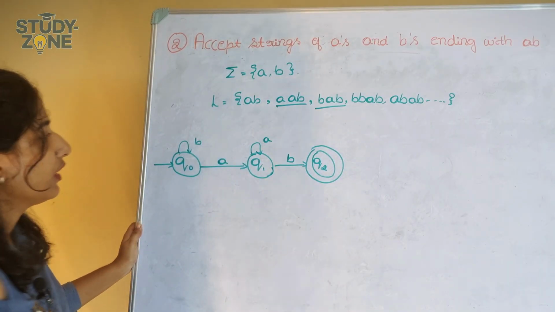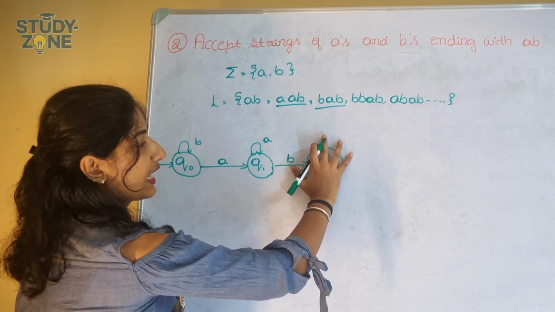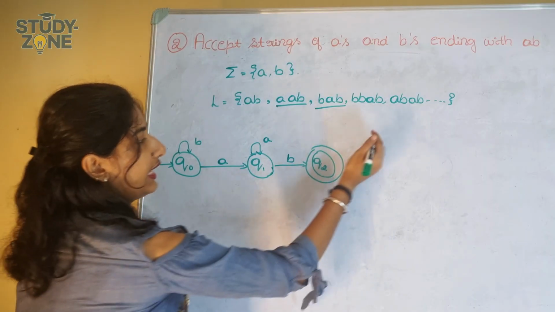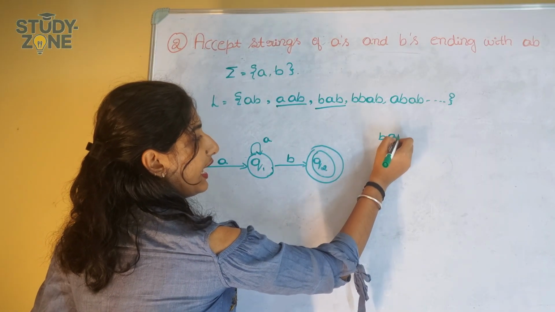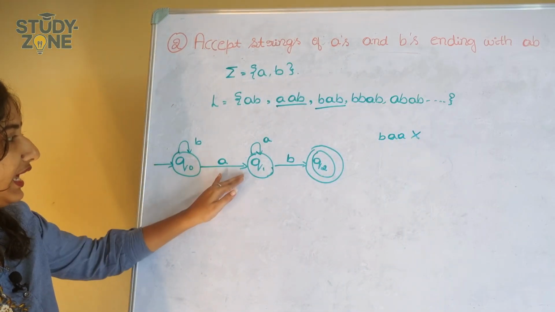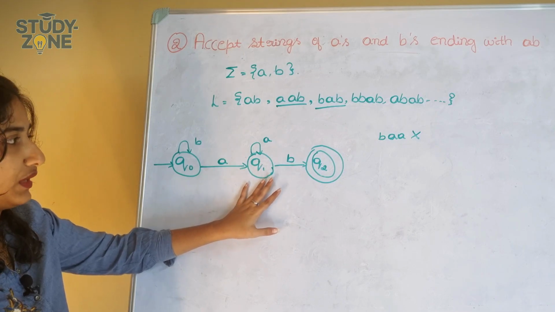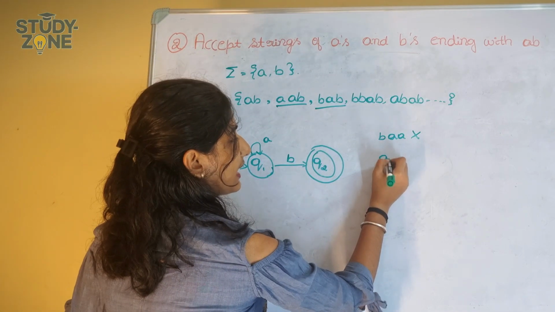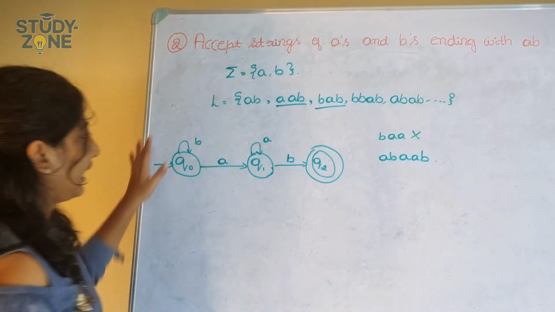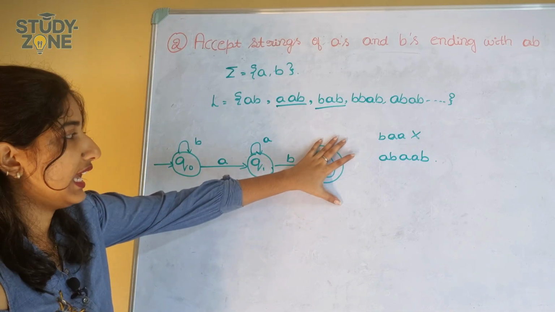And now what to do with Q2? If it gets A in the Q2 state, like let us take BAA, the string shouldn't get accepted, right? So BA should not get accepted. Or what to do if it is like this, AB. What to do if we get A here?